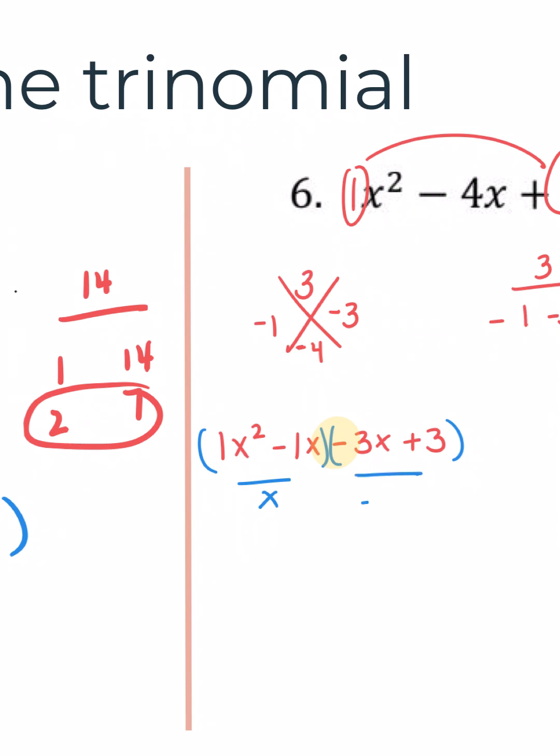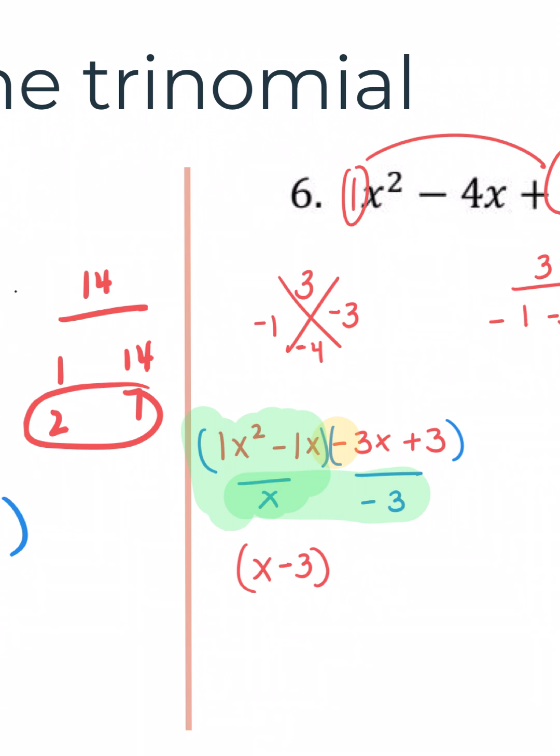So I know this is going to be a negative something. A negative 3 and 3 both have a 3 in common. I'm going to look at those and know that this is going to be my first set. So my first one's going to be x minus 3.